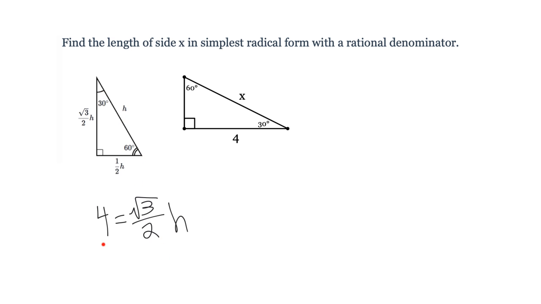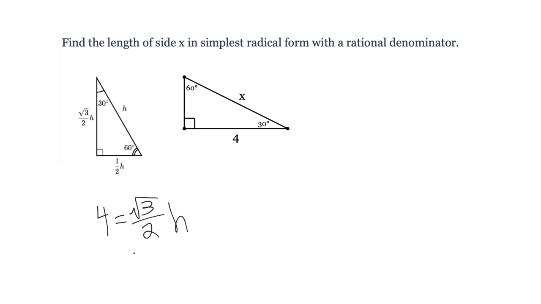If we solve this equation and we find out what h is equal to, because h is equal to x, that's going to be our final answer. So what we need to do is solve this equation for h, and once we find out what that equals, that's going to be our final answer. To solve it for h, the h is being multiplied to this fraction, so we need to divide both sides by square root of 3 over 2.